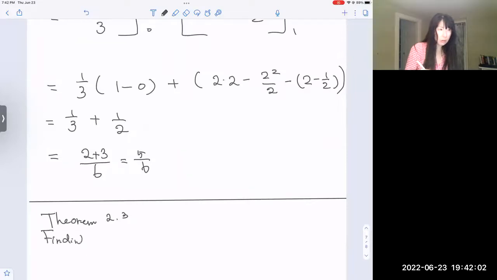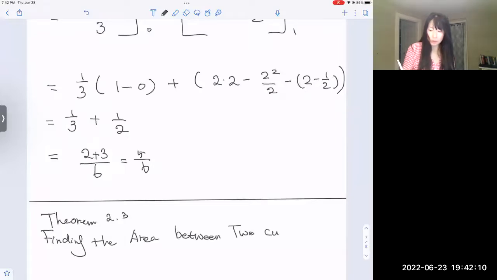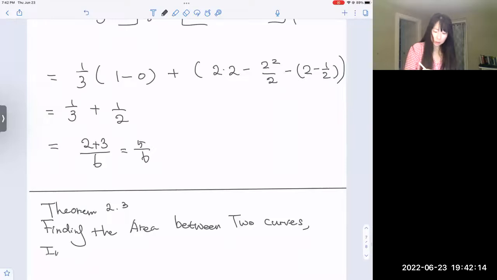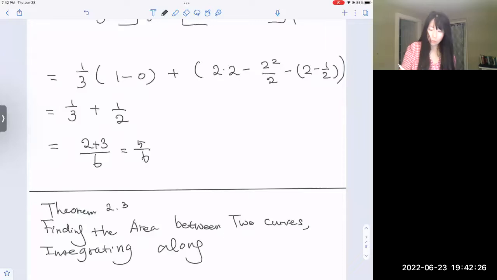Finding the area between two curves, integrating along the y-axis.